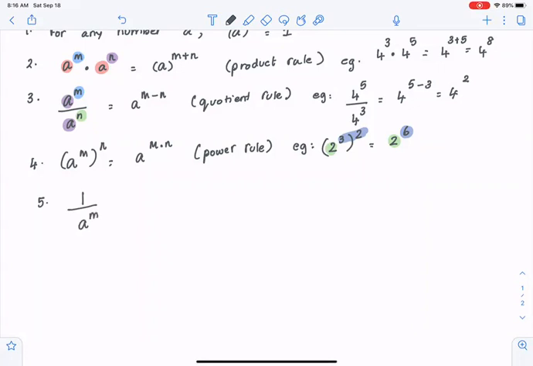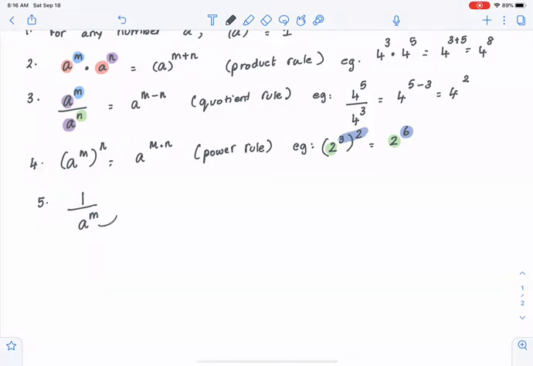If we have 1 over a raised m, where m is a positive exponent, this entire expression has a positive exponent, and I can turn it into a negative exponent.